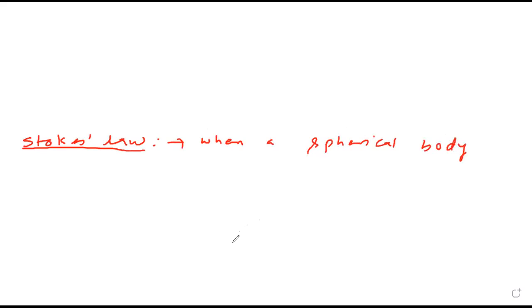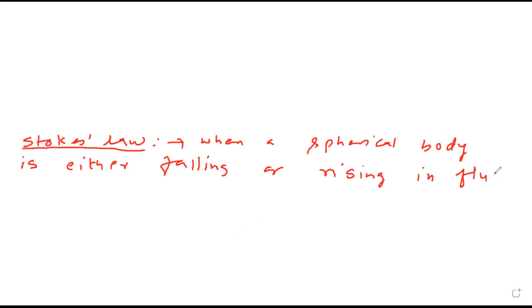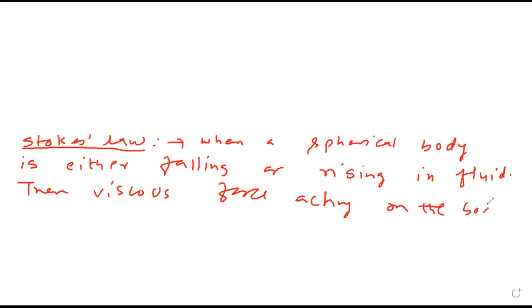Stokes law. When a spherical body, so this is only valid for spherical bodies like an air drop, liquid drop, or gas bubble, and so on, is either falling or rising in a fluid, then the viscous force acting on the body, F, is given by 6 pi eta r v.